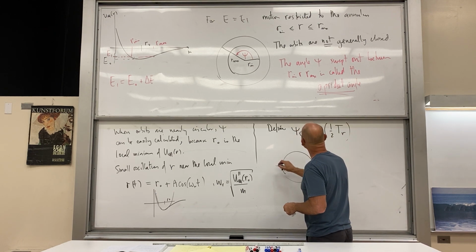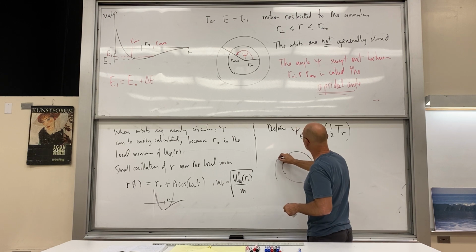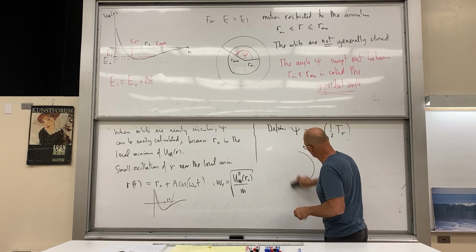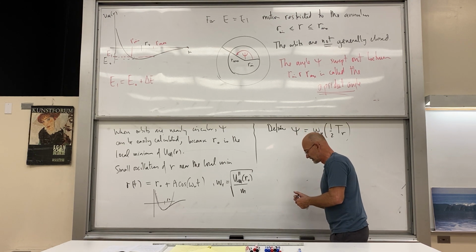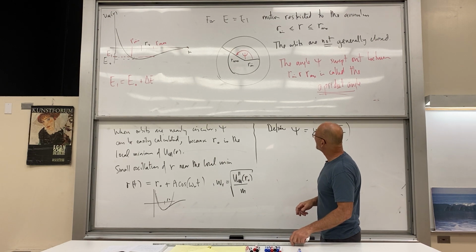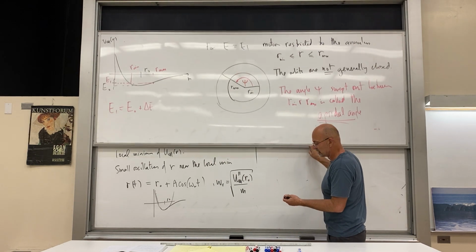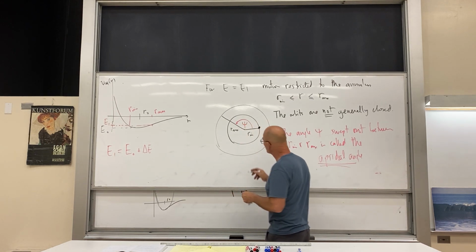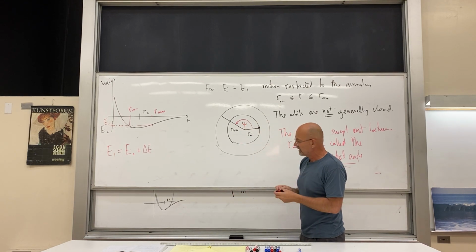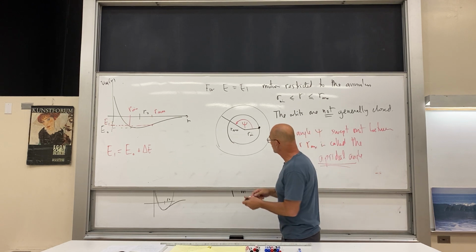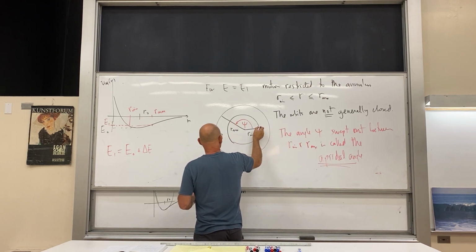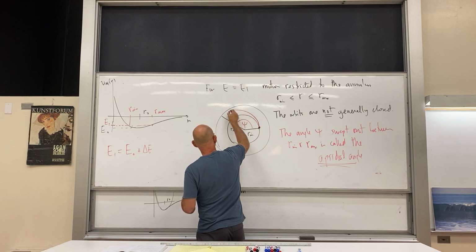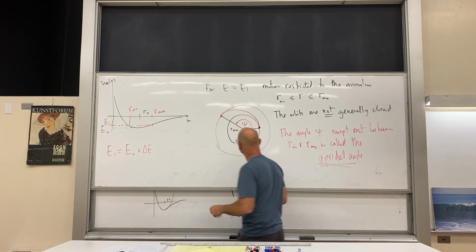If I draw this picture again, actually I have a good one up there, I'm just going to point to it. Imagine we have this object here. It's now going to start its orbit, and we'll use red. It's going to sweep out and reach its maximum distance right there.